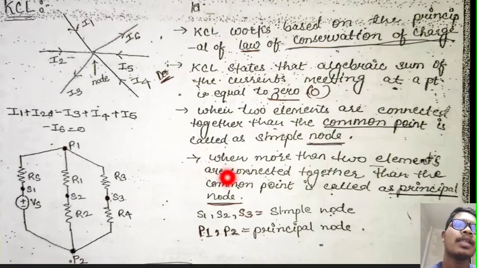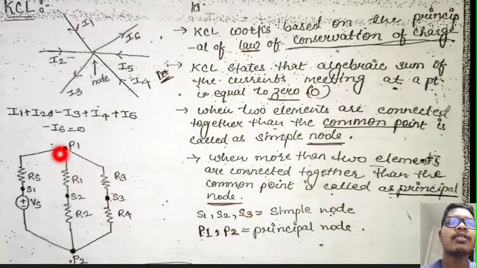So let's see the principal node. When more than two elements are connected together, it is a principal node. Here there are no more than two elements, only two are connected. But at the point V1, three elements are connected: resistance Rs with resistance R1 and resistance R3.